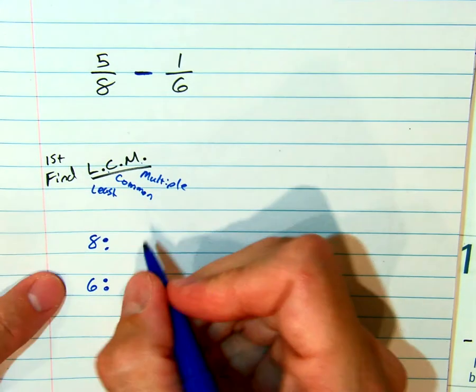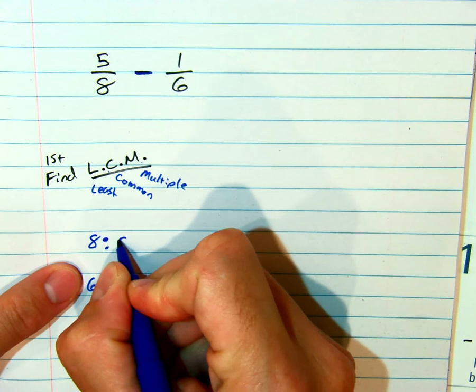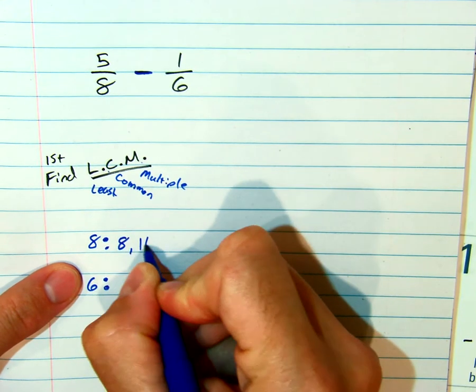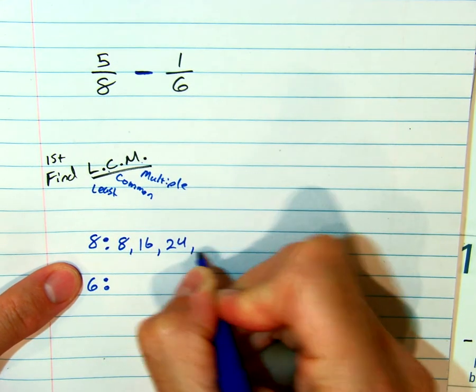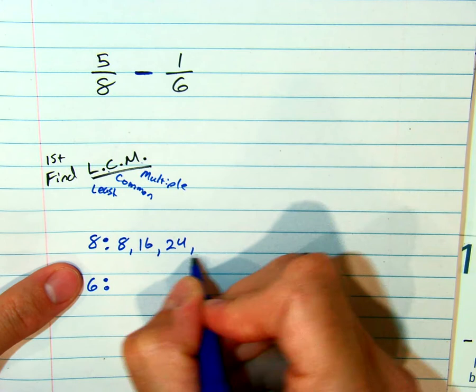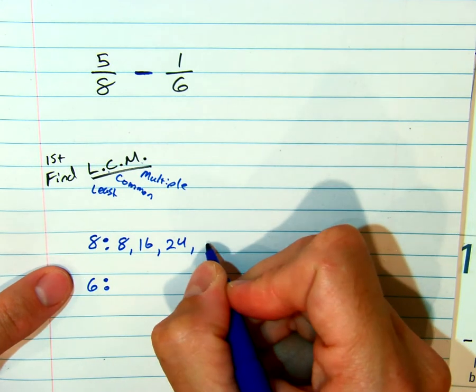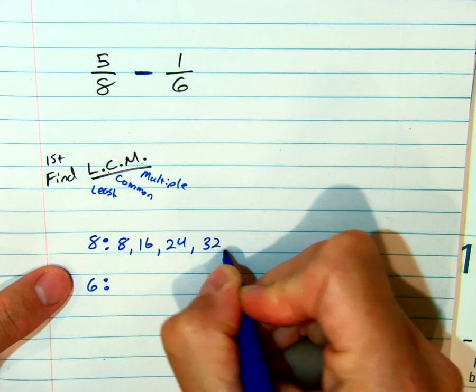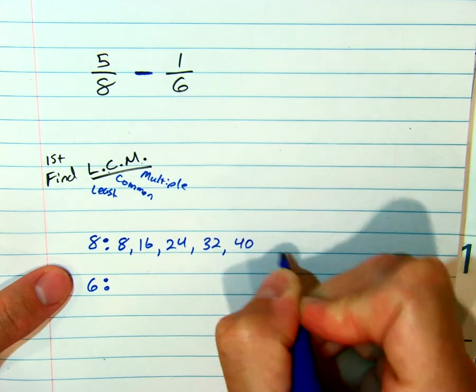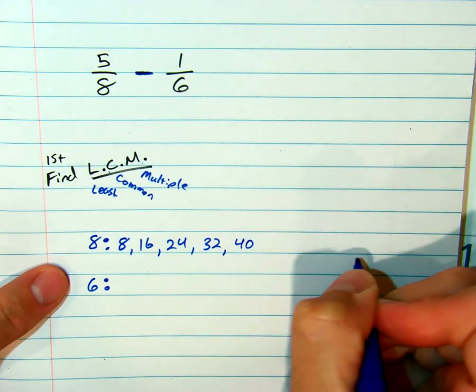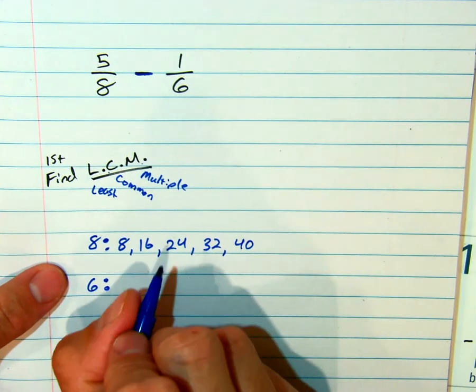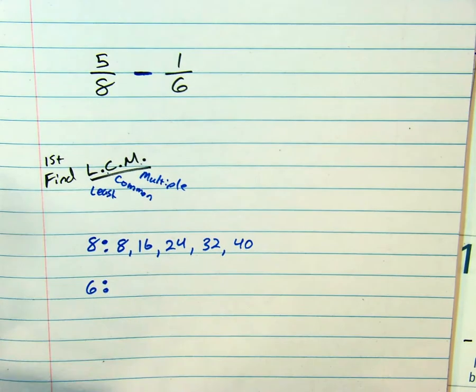Let's do 8. So 8's, let's say we can go 8, 16, 24. You might find these numbers on a multiplication chart as well. 24. 8 more, what do we get? 32. 8 more, what do we get? 40. We can keep going forever and ever, but what we are looking for is the first number that 8 and 6 have in common with multiples.